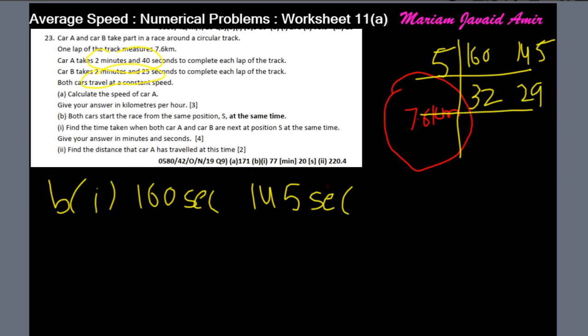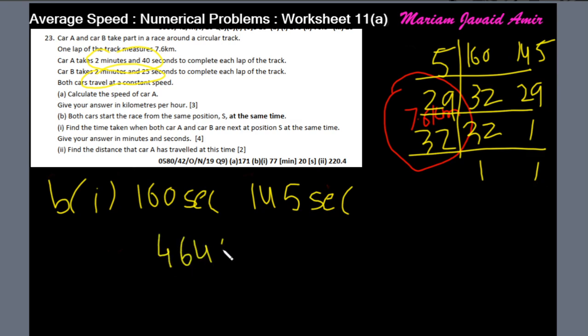Next, we can't divide by the same number, so we will just use 29 because 29 is a prime number, and then use 32 to get 1. So we get 32 times 29 times 5, which is 4640 seconds. So after 4640 seconds, both cars will meet again at the same position S.